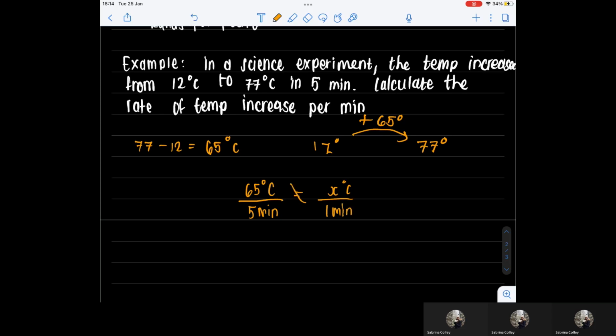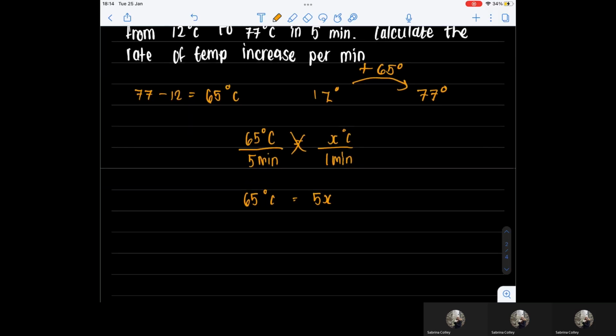Okay, and then I cross cancel. So I go 65 times 1 minute, so that's just 65 degrees Celsius, is equal to 5 times x, so 5x. Okay, I want to get x by itself because I'm trying to find out the degrees. So divide by 5, divide by 5.